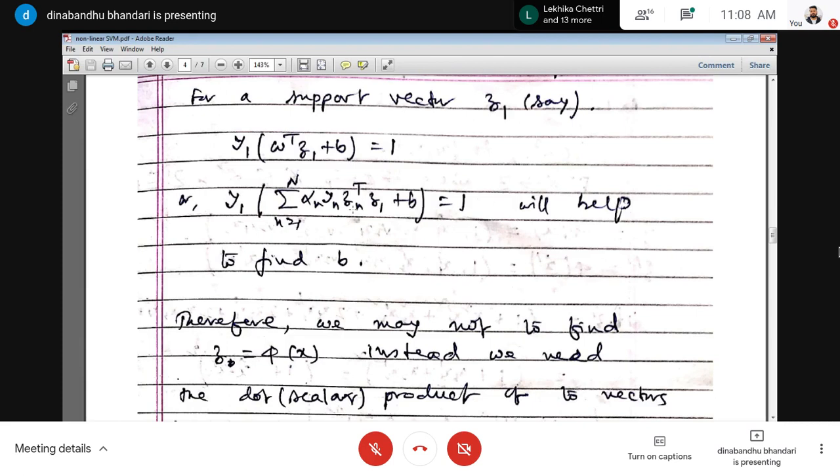You take a point here, give it a transformation, and take another point and transform it also into the Z space.